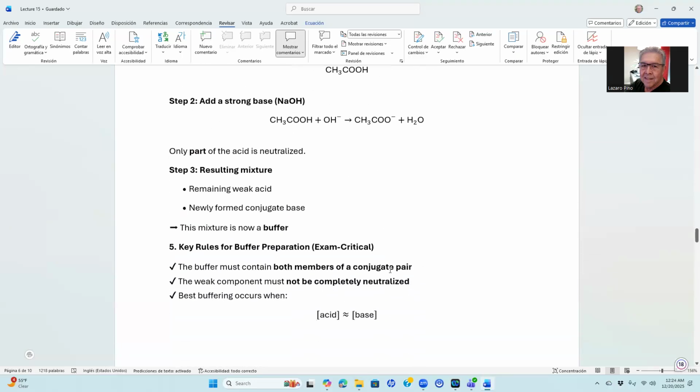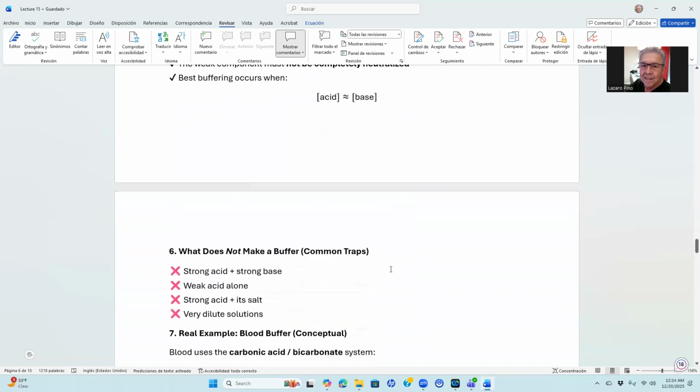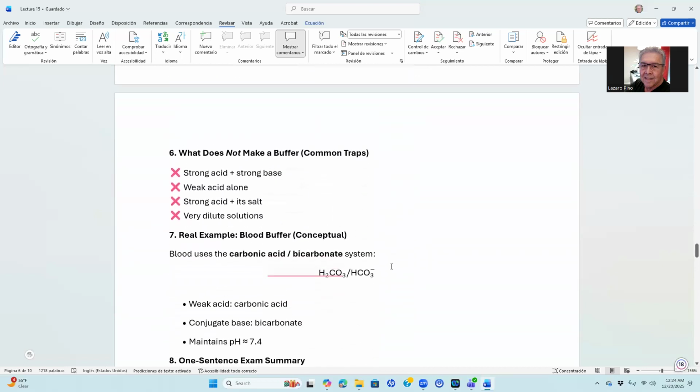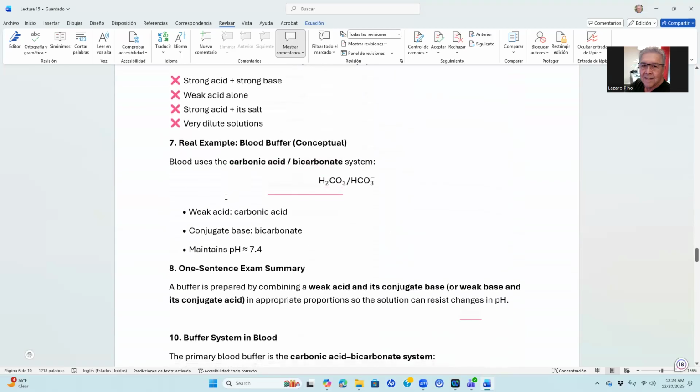And the other thing that I want you to understand is that buffers are very important. For example, we have a buffer in blood, that is the carbonic acid-bicarbonate system. This system is the one that makes it possible for the pH in blood to remain almost constant around 7.4.